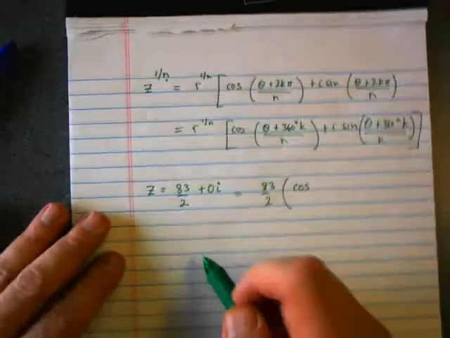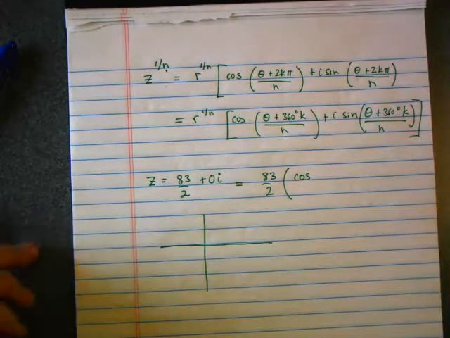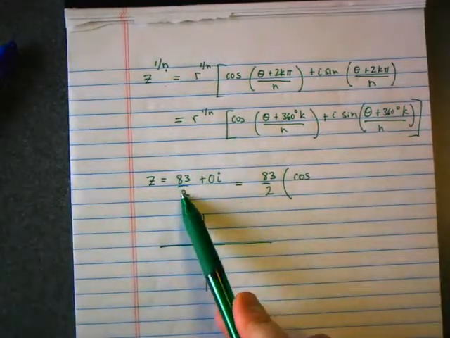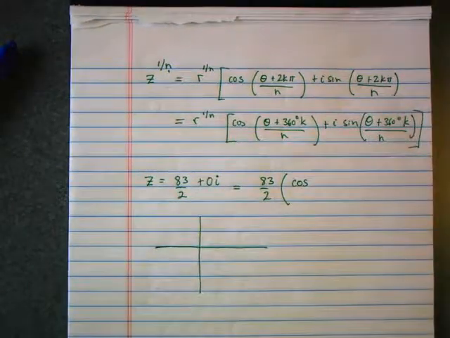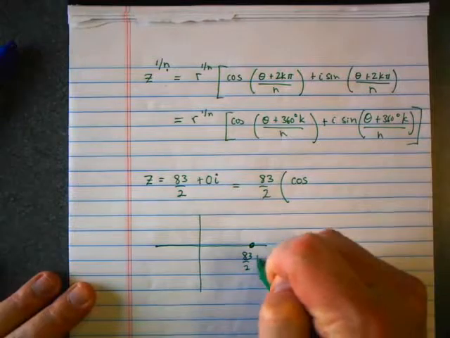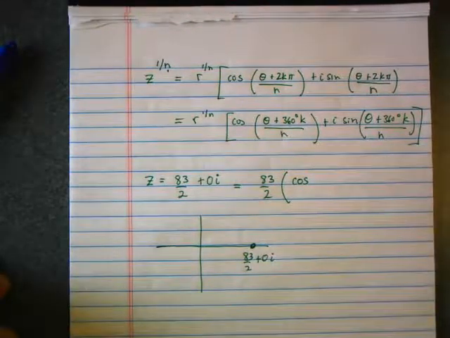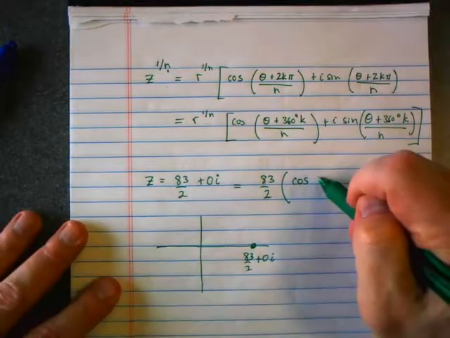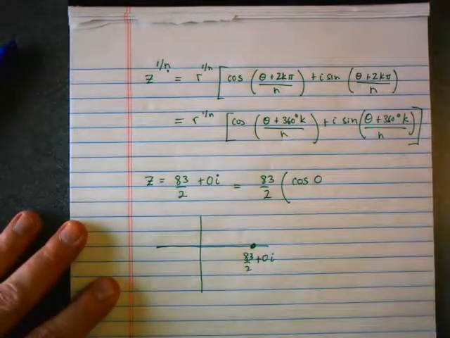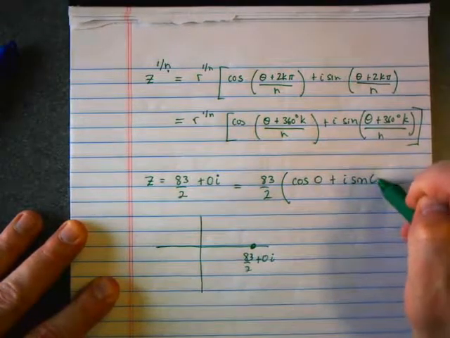All right, think of the graph. Where is the point 83 over 2 plus 0i? It's right on the x-axis, isn't it? So what's the angle for that point? 0. Cosine 0. Is that radians or degrees? Both. Correct. I couldn't trick you with that one. Plus i sine 0.